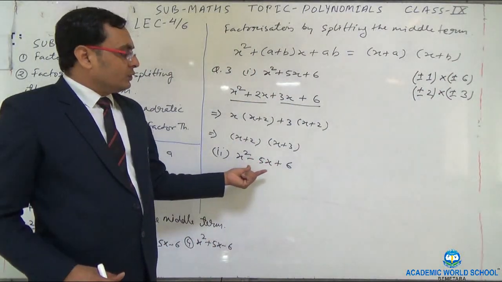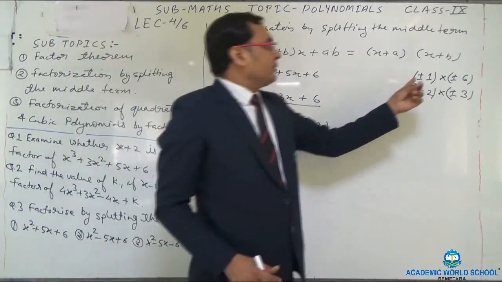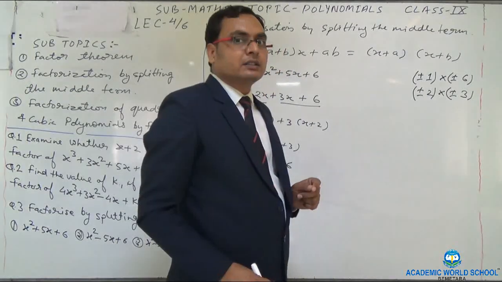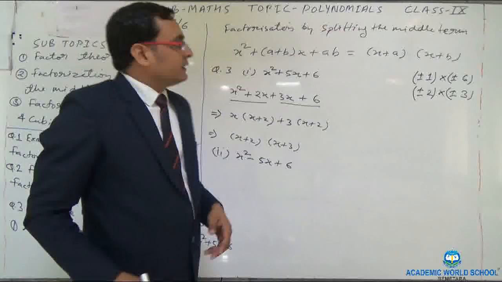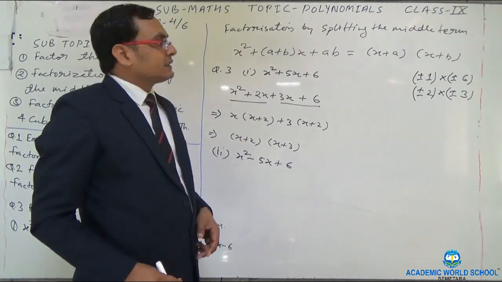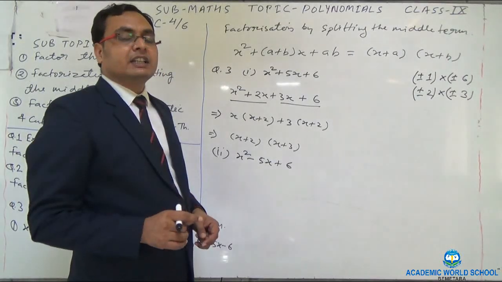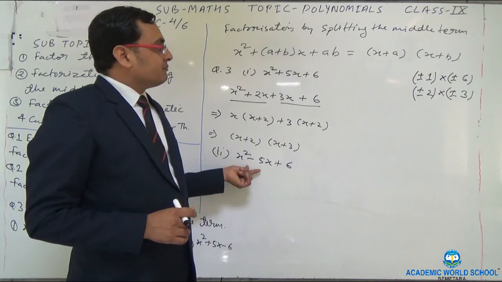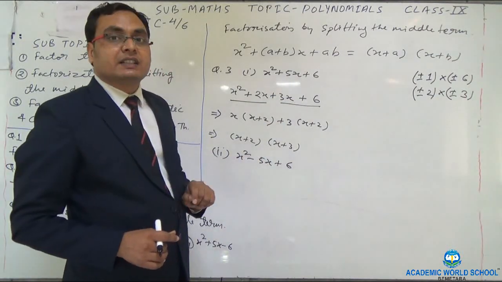Now, which two factors on addition will give us minus 5? If we take 1 and 6, their addition will give us plus 5. If plus 1 and plus 6 we take, then we will get plus 7. If minus 1 and plus 6, we will get plus 5. Here we need minus 5, and those two factors on multiplication should give us 6.